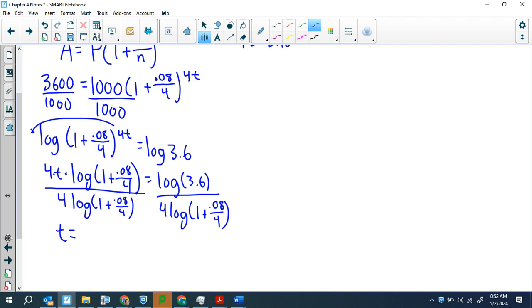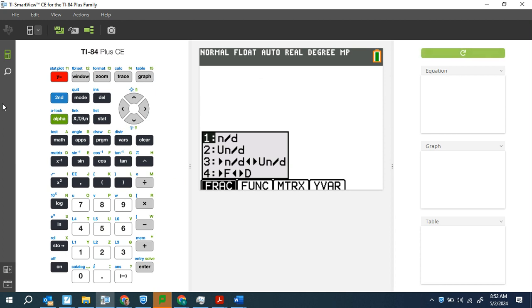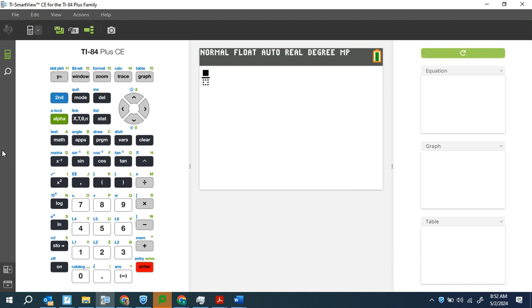So again, as long as you're careful with your calculator, you can do this all in one step. I personally would make that fraction template bar and do log 3.6. And then on the bottom, 4 times log of 1 plus 0.08 divided by 4.